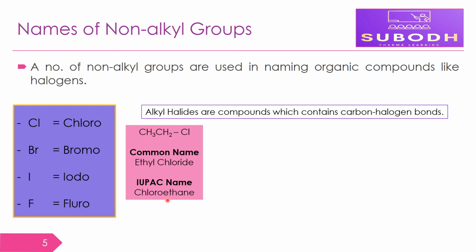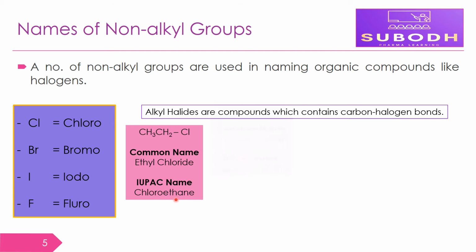While naming in IUPAC system, the halogens will be named as chlorine, chloro, bromine, bromo, iodine, iodo, and fluorine as fluoro. And these must be prefixed to the corresponding alkane, and the IUPAC name is given.